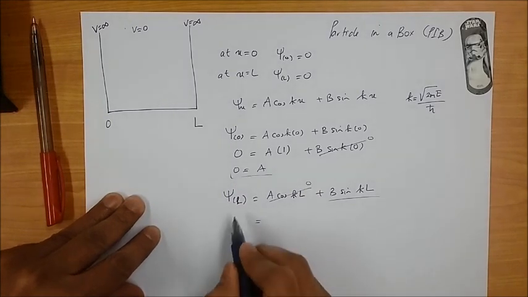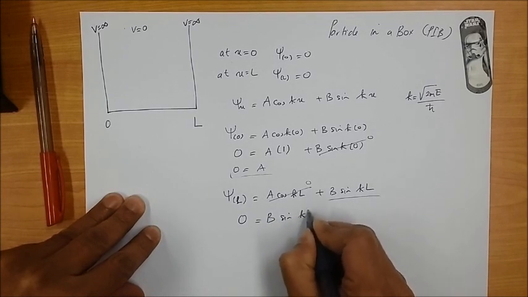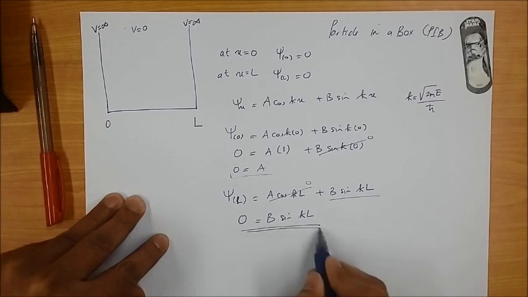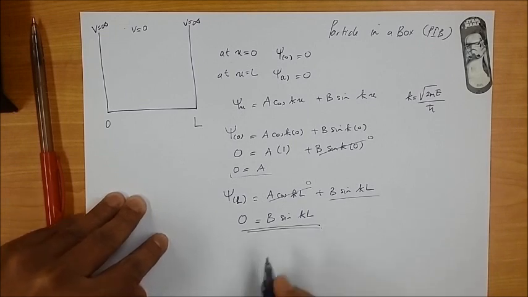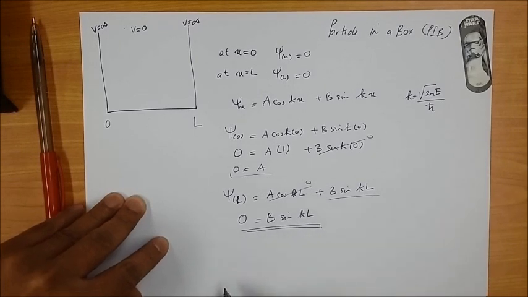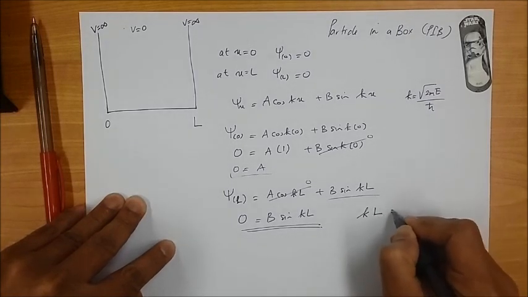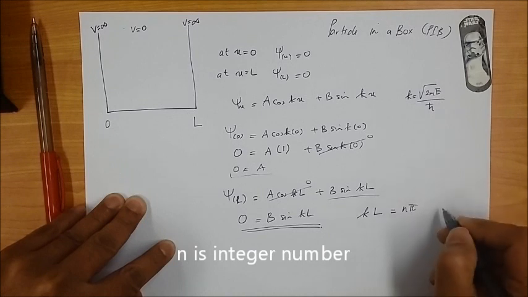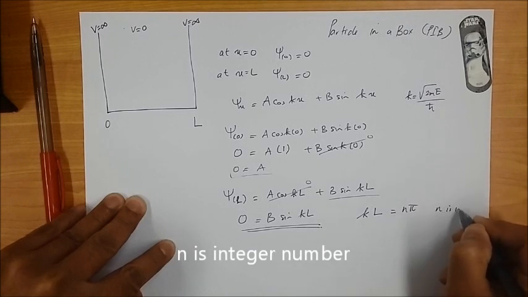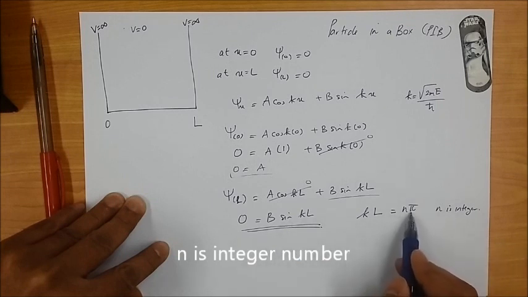So at x equals L, this is B sin kL, which must be 0. So we have to find at which sine value this is 0. And this is 0 when k times L is equal to n times pi, n being an integer. It can be 1, 2, 3, 4, and so on, because sin of pi, 2 pi, 3 pi, 4 pi are 0.